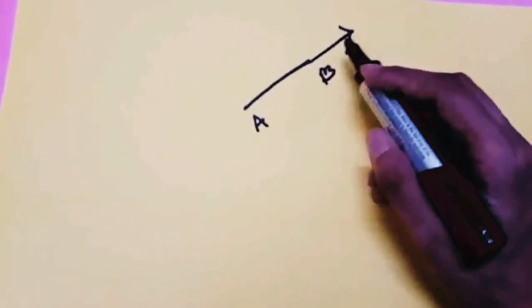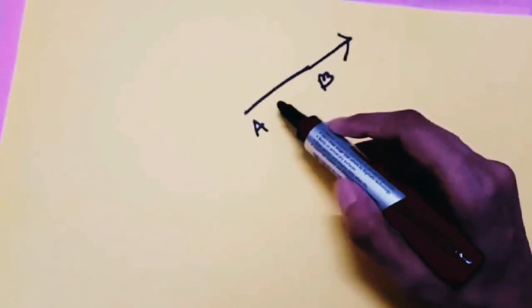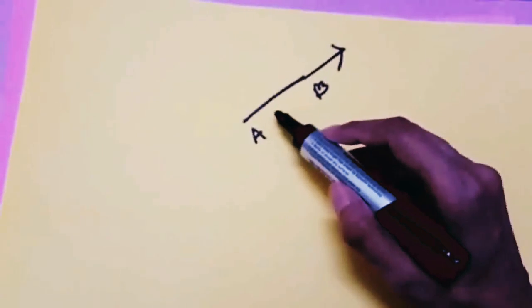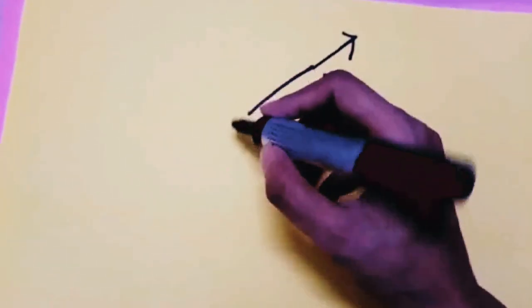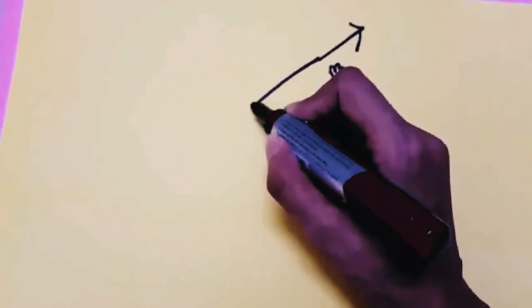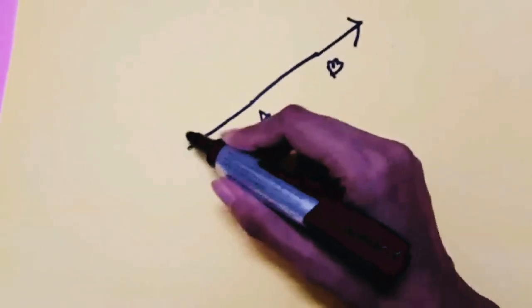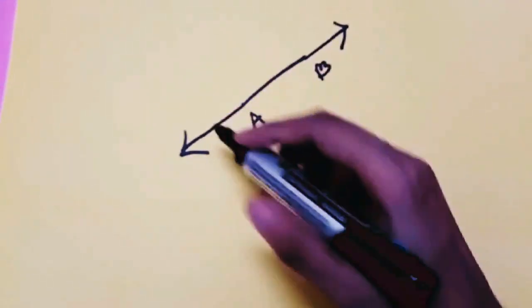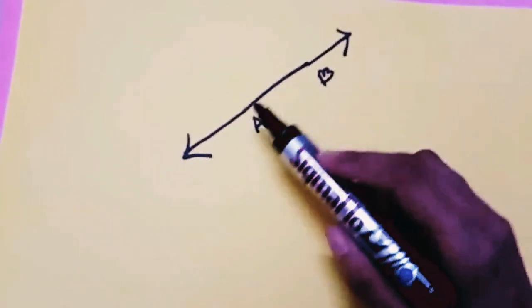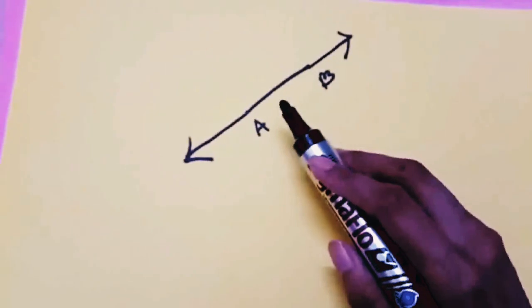Then this geometrical figure will be called a ray. Again I want to expand it from A to infinity. Then this geometrical figure will be called a line.